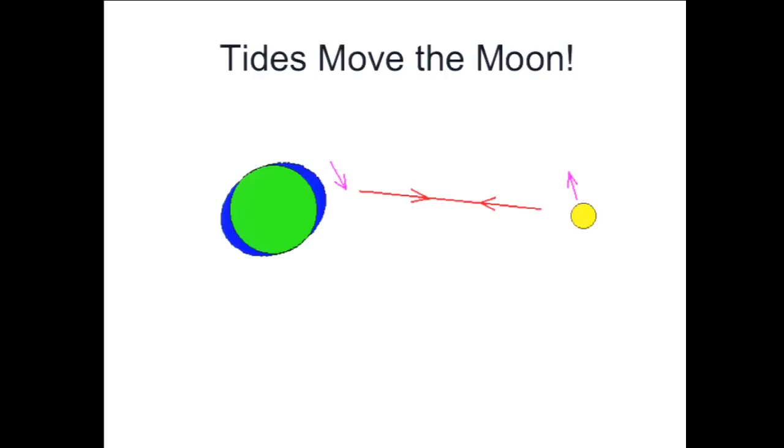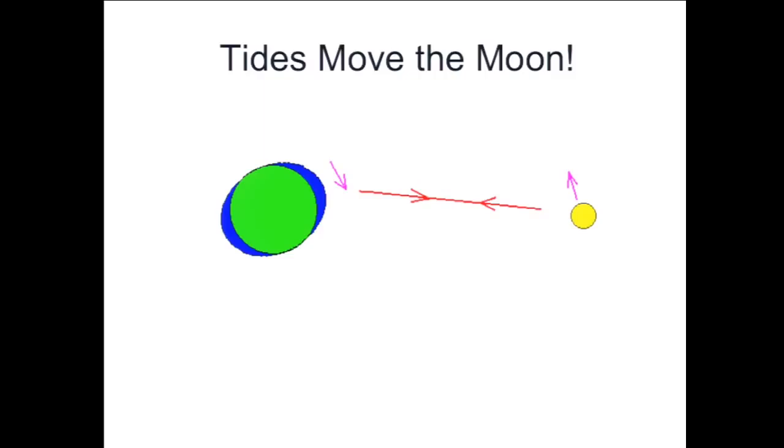In this picture, the Earth and the moon are both rotating counterclockwise, so rotating like this. What the arrows represent is that the gravity of the moon tugs on the bulge of the Earth. Because of its distorted shape, the gravity of the moon pulls back on the Earth just a little bit.